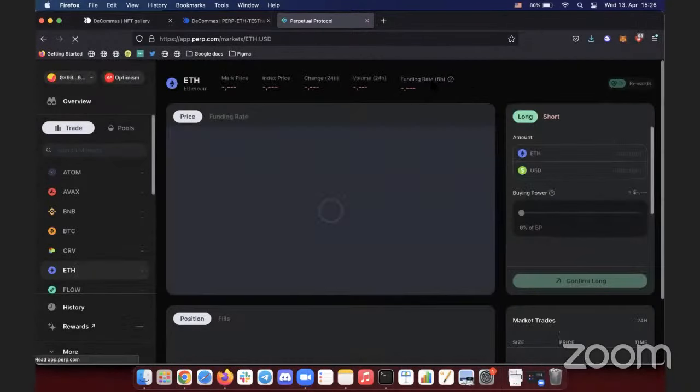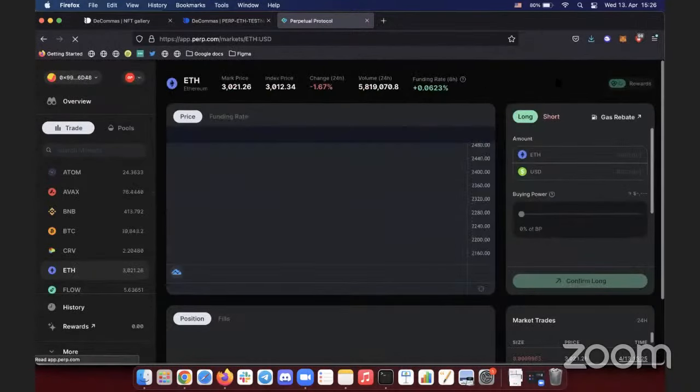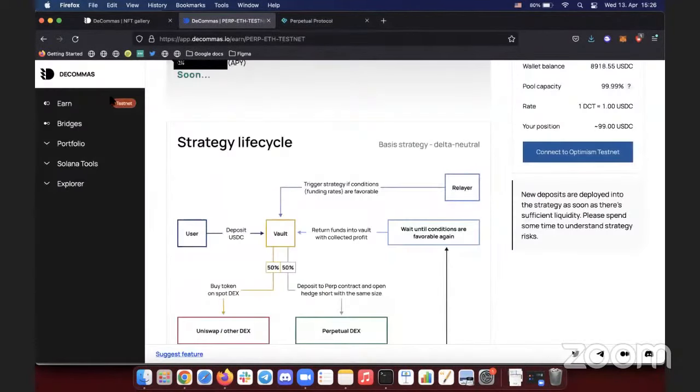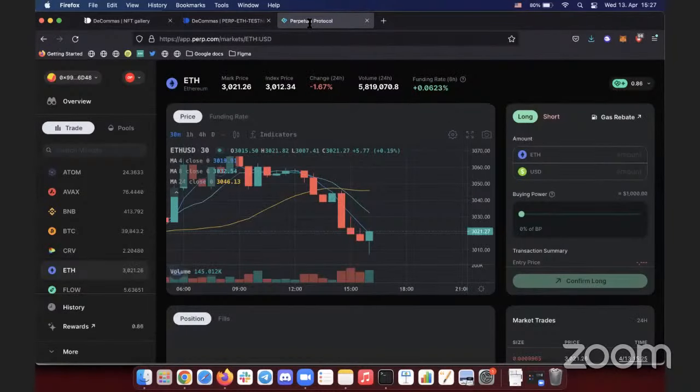I hope that with the new interface for our DeCommas futures dashboard, it's here in the interface. With the new UI, we'll have all the data needed for running basis trading strategies, or for knowing that it might not be the optimal time to open a long or short, or vice versa.